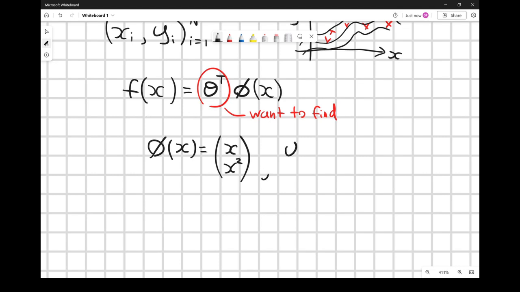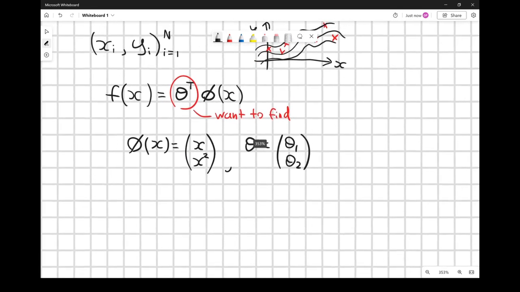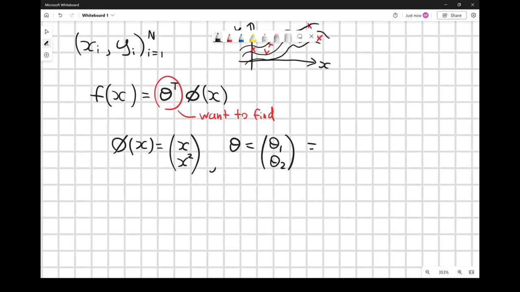So we'd say that theta is equal to theta 1, theta 2. So you can see that the model we're trying to fit is really f of x is equal to theta 1 x plus theta 2 x squared.